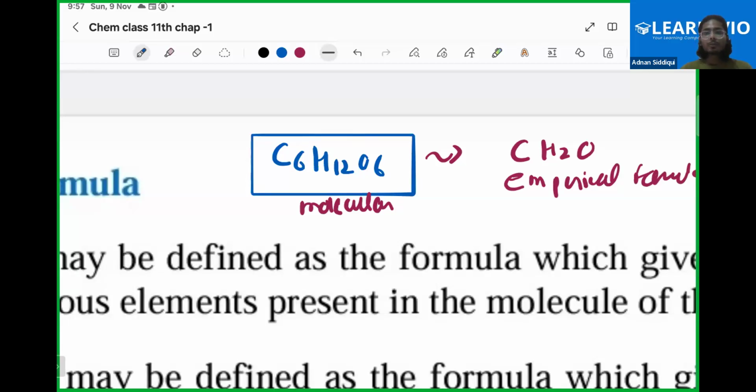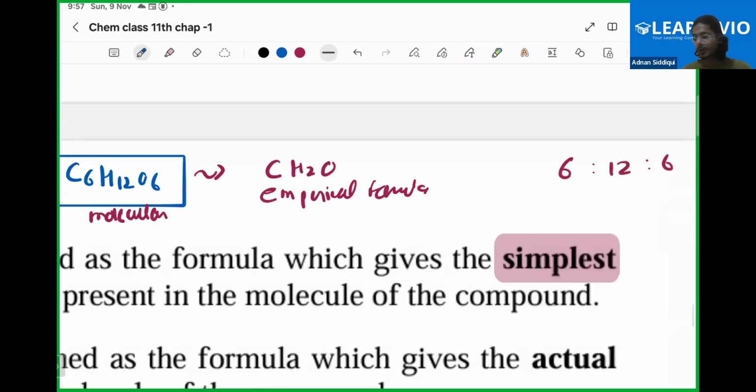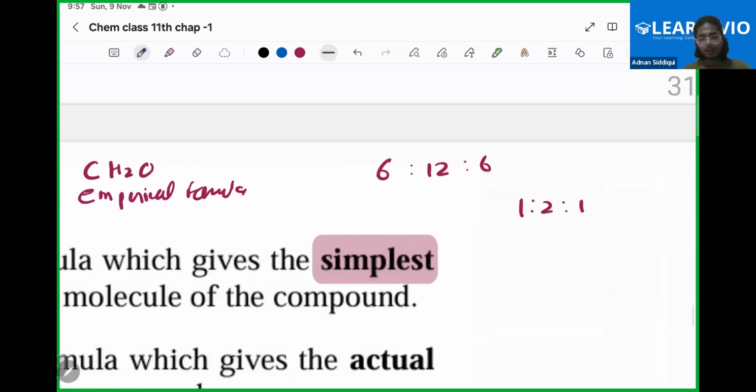But if you are converting this into empirical formula, you are using the simplest whole number ratio. Suppose you have 6 carbon, 12 hydrogen, and 6 oxygens. If you have to convert it into simplest whole numbers, you can simply divide by 6. You will get 1, 2, 1.